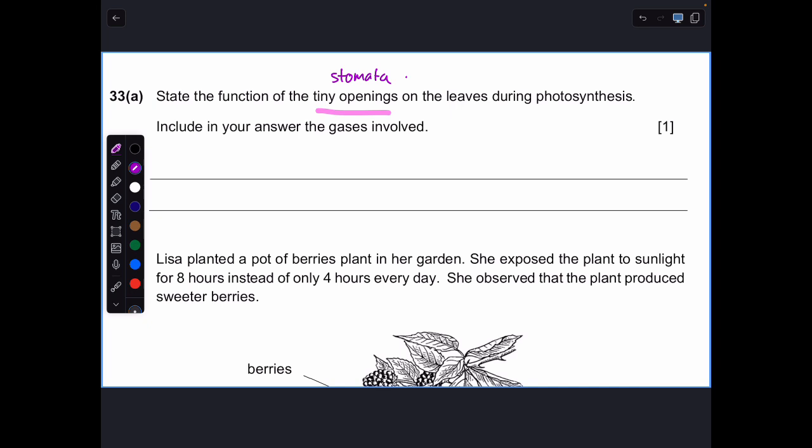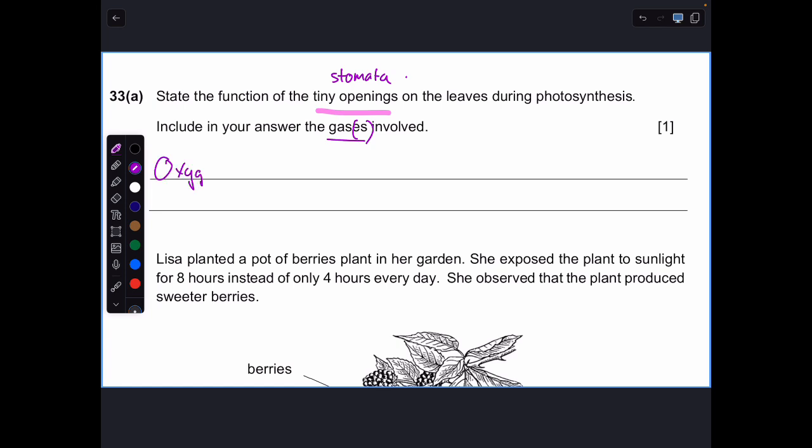Half mark. You have to tell me what goes in and what goes out. And the gases involved already tell you already. Include in your answers. But some of you still choose to just say gaseous exchange, or just say take in carbon dioxide. Then what about oxygen? They hinted to you that it's two gases. Still not good enough.